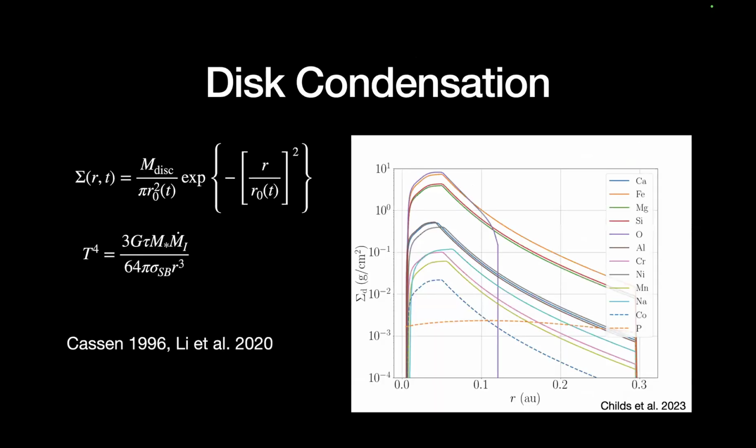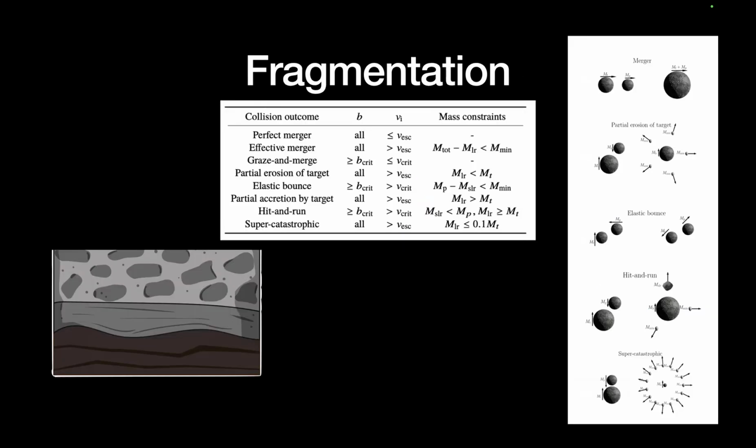Sorry, what's the difference between hit and run and partial erosion? Hit and run and partial erosion. So I think they actually get resolved in the same way, but they are just classified in two different ways for qualitative reasonings.